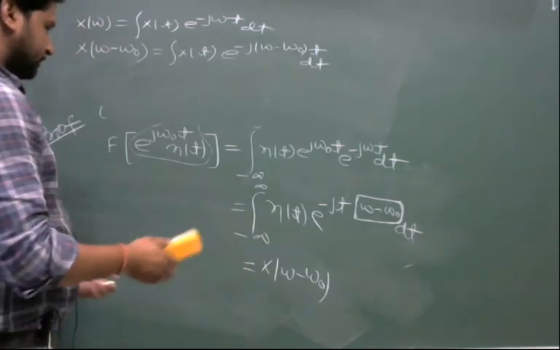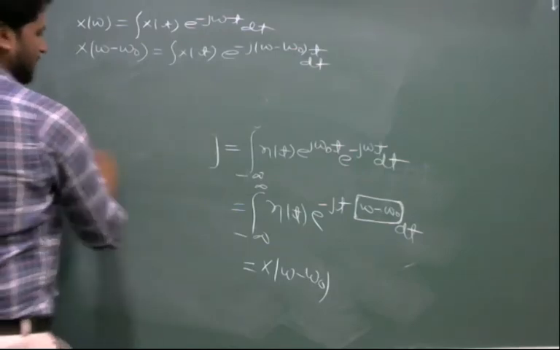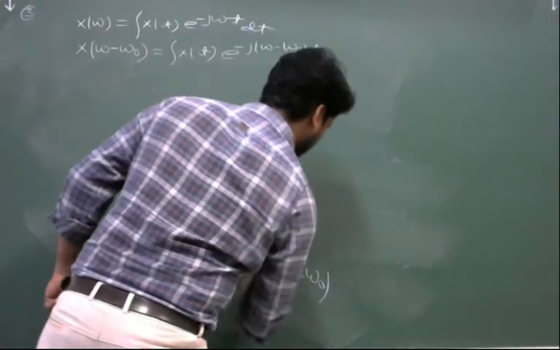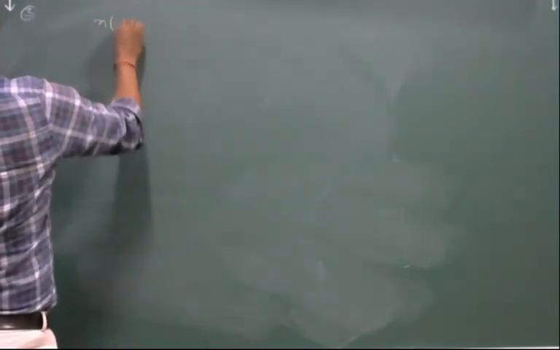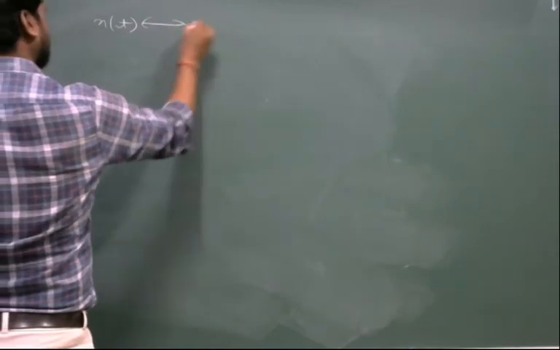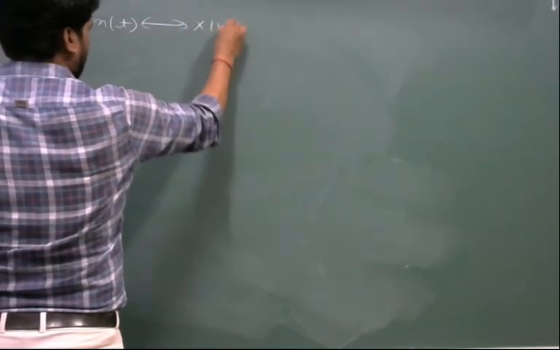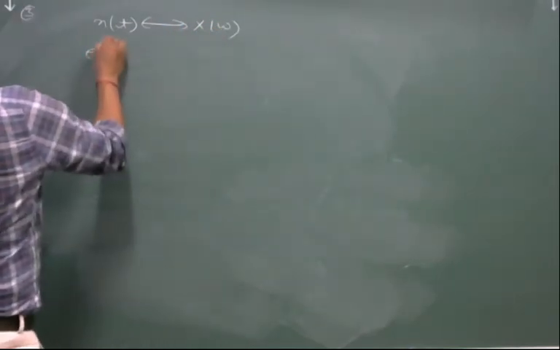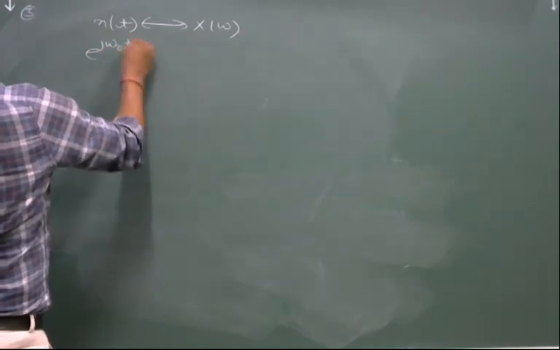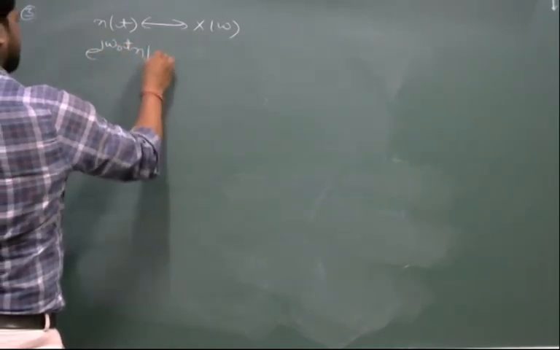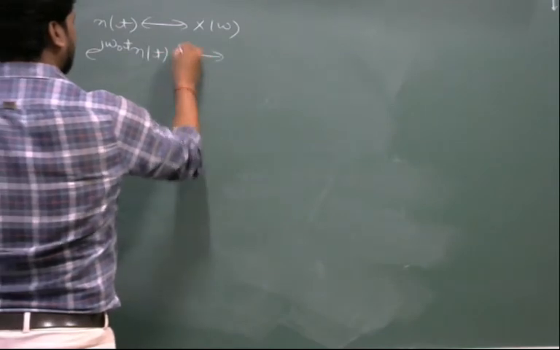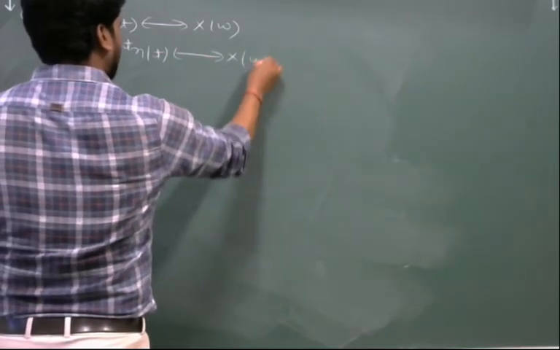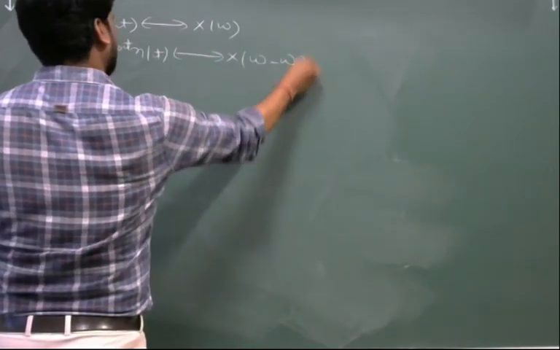Then we can write from here that if the Fourier transform of the signal xt is x of omega, then the Fourier transform of e power j omega naught t into xt will be equal to x of omega minus omega naught.